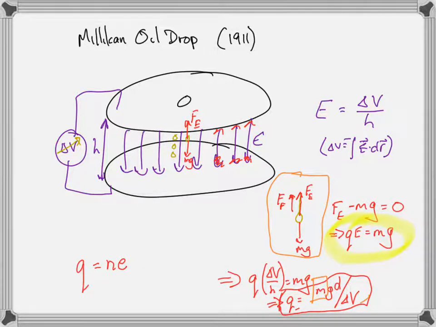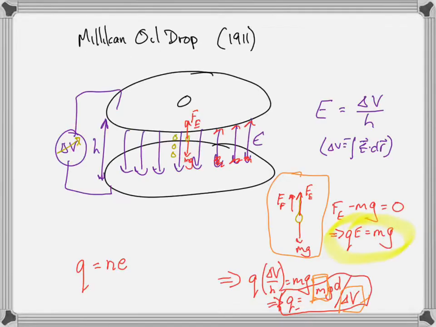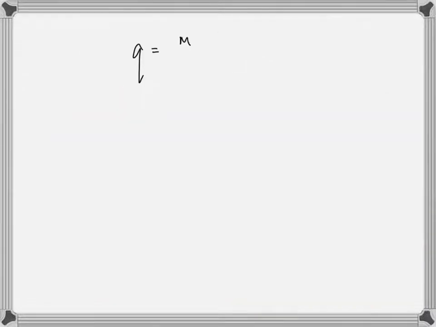So he's measuring delta V through levitation and m through letting it fall. And once he measures those two things, he knows that the charge of the oil drop is, again, mgd over delta V.